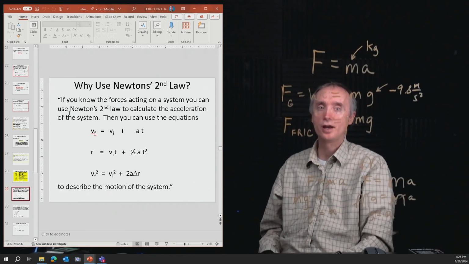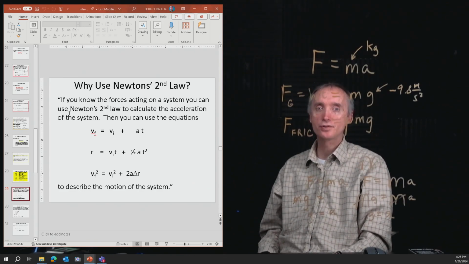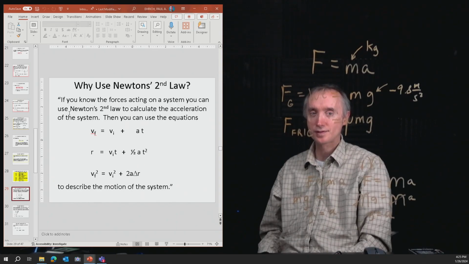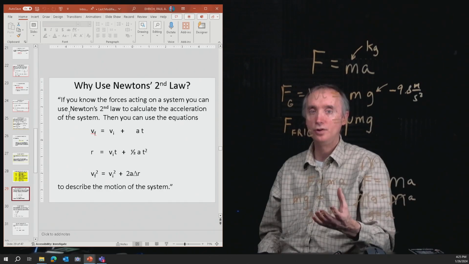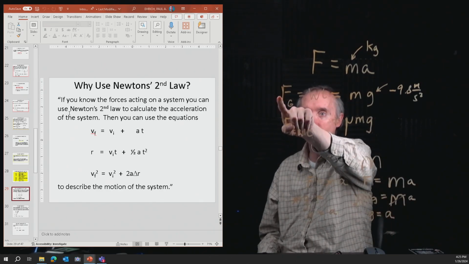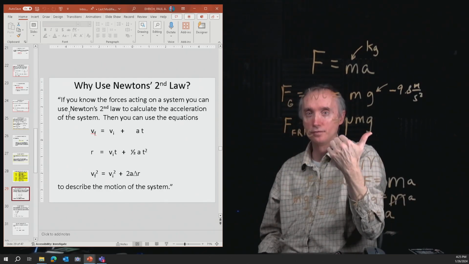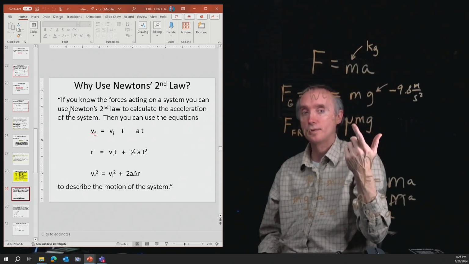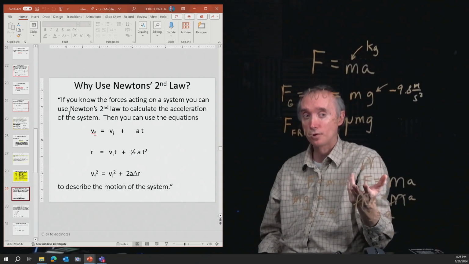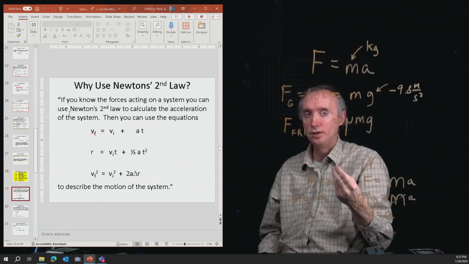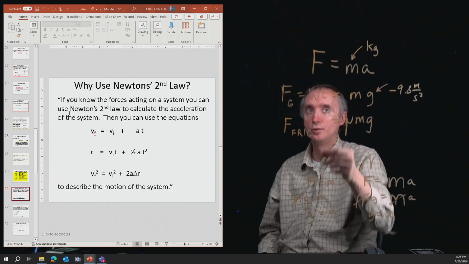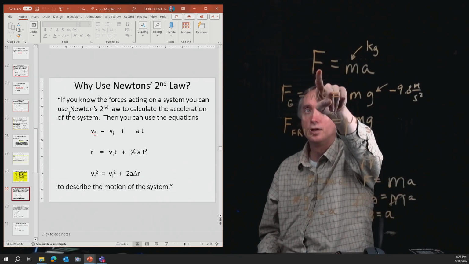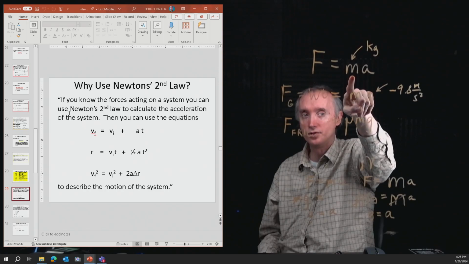So who cares? Why are we so interested in Newton's second law of motion? We normally know what the force is. We also talked about the electromagnetic force and the nuclear forces. So normally we know what the force is, and we plug it into the formula. We normally know what the object is, so we know what the M is.